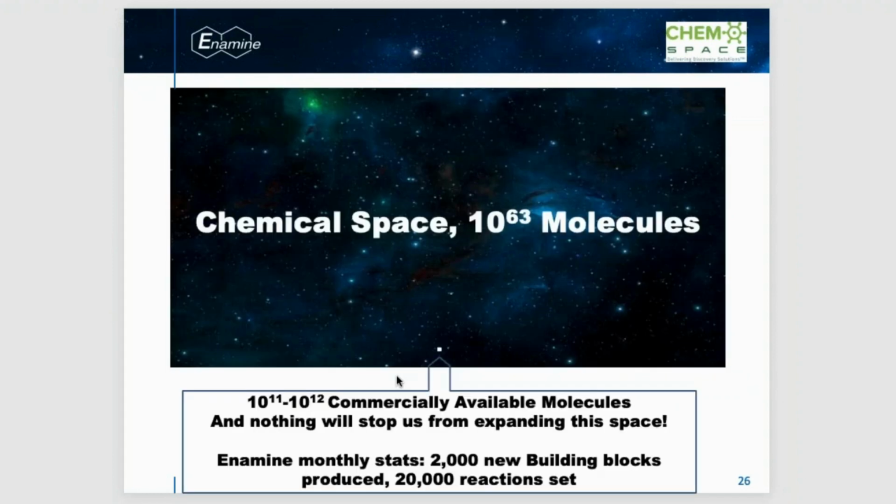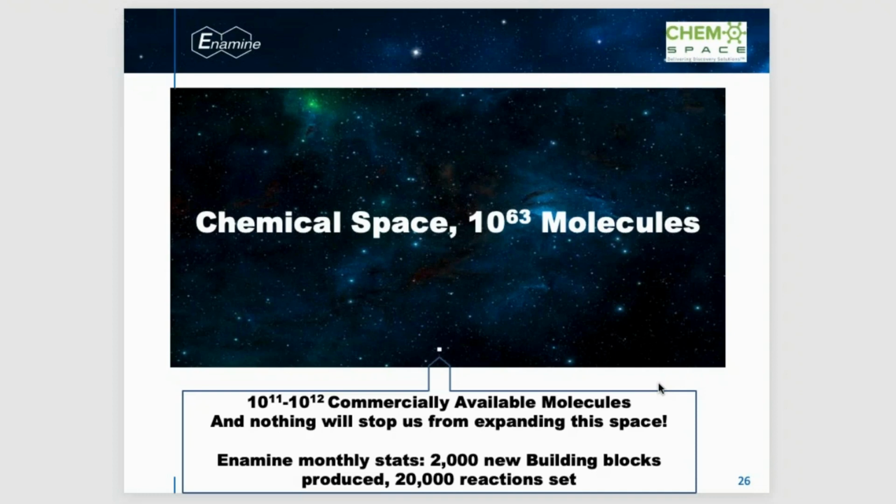As I mentioned at the beginning, chemical space is vast, and we're working in a very small portion of it, and obviously we try to expand it as much as we can, basically every day.